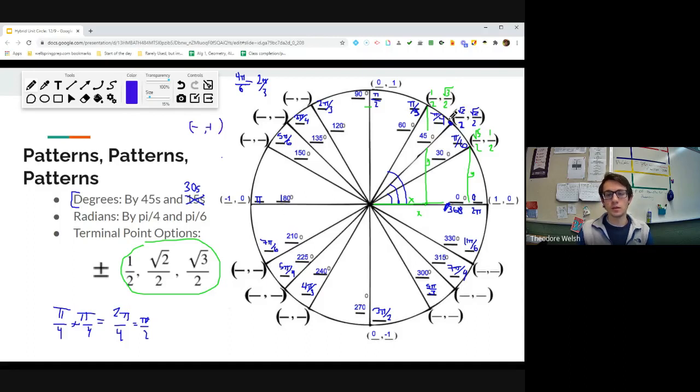So all of these points are just going to be mirrored the same, but with the according signs. Like here, my middle angle at root 2 over 2, root 2 over 2. Again, it's another 45 type angle, what I call that middle angle because it creates a 45, 45, 90 triangle, just in a different quadrant. So it's going to have the same terminal point, but instead of root 2 over 2, root 2 over 2, it's going to be negative root 2 over 2, positive root 2 over 2.